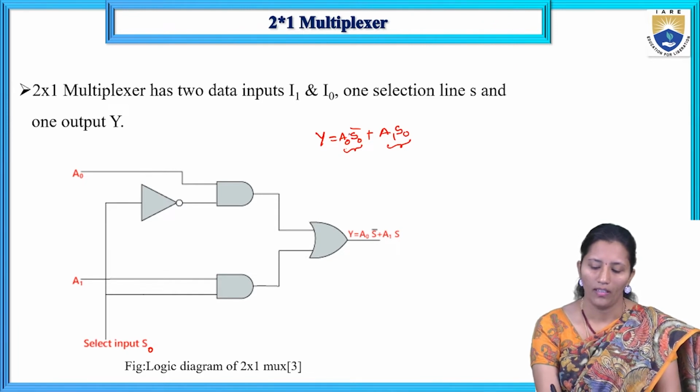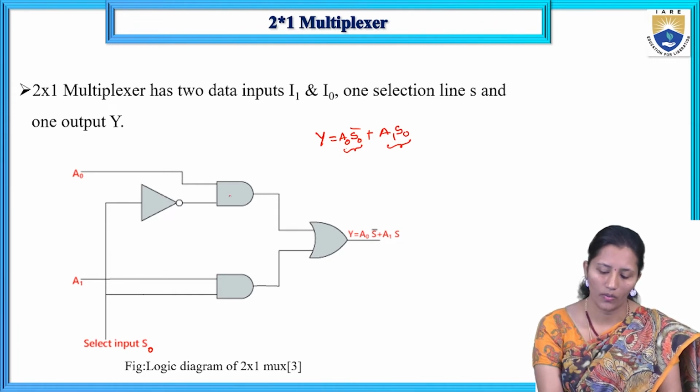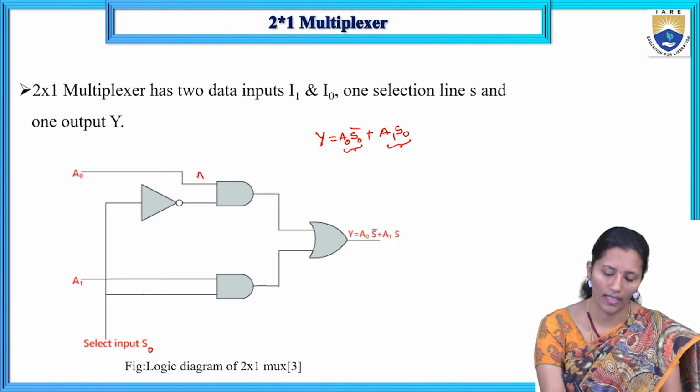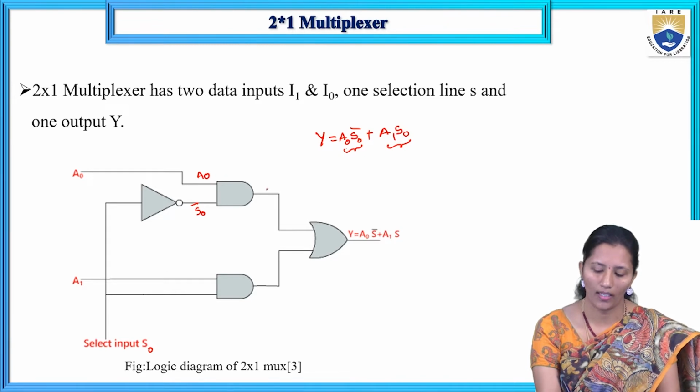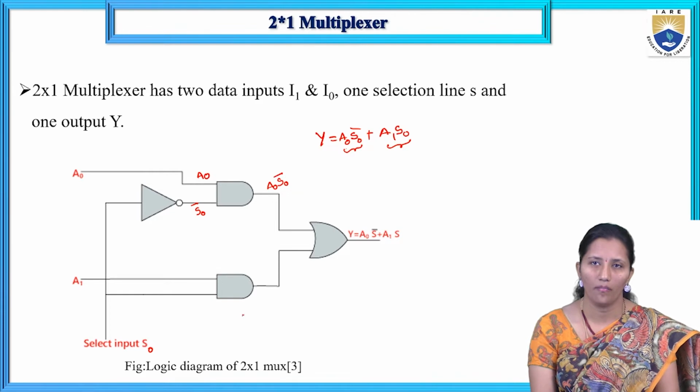For multiplication we are using an AND gate. So here we are getting A0, and to get S0 bar we are giving S0 to the inverter. If we give A0 and S0 bar to the AND gate, we are going to get the product A0 S0 bar.